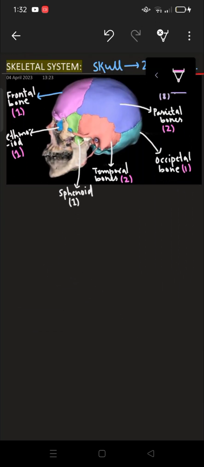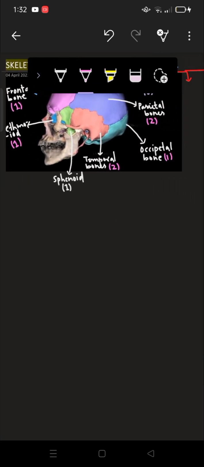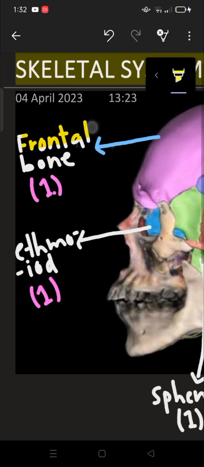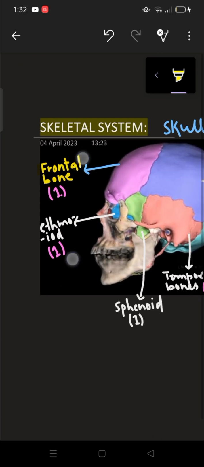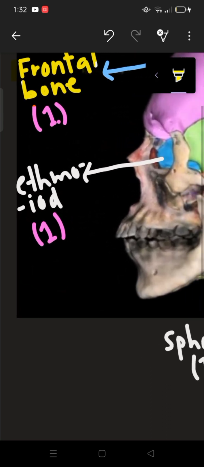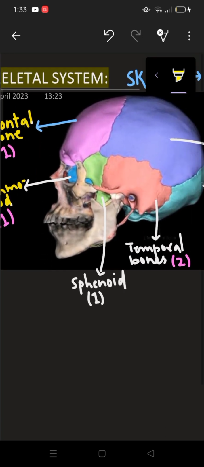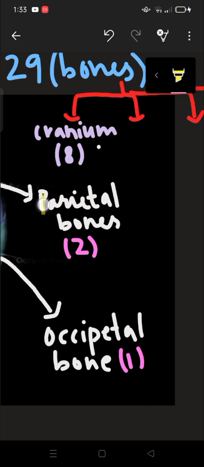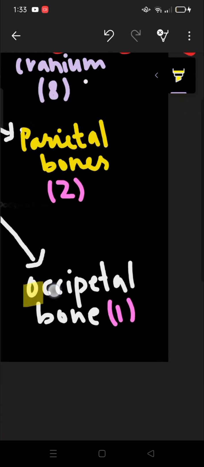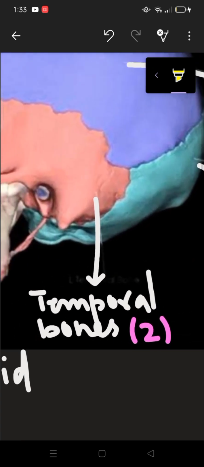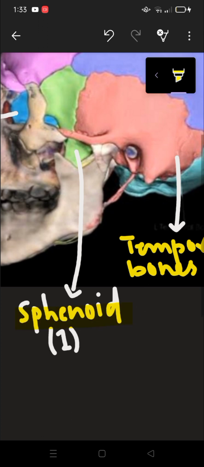Now let us count the cranium bones. Wait, let me use the highlighter. So we have 1 frontal bone, which I have highlighted. Then we have 1 ethmoid bone, 2 parietal bones, 1 occipital bone, 2 temporal bones, and 1 sphenoid bone.